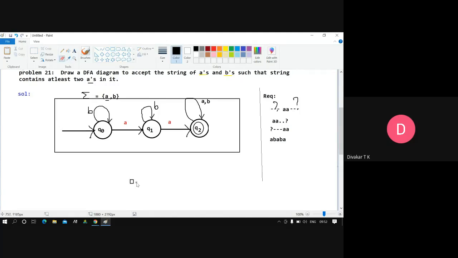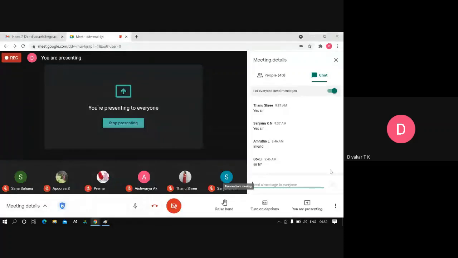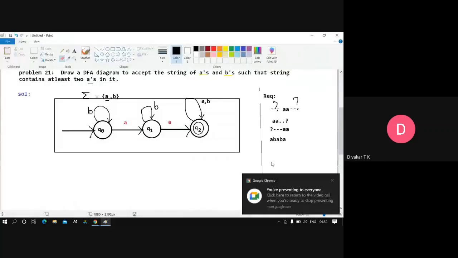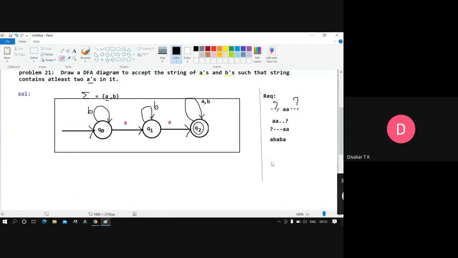If at all no questions, you can copy this diagram. Copy the question as well as the answer. If it is done, tell me it is done.